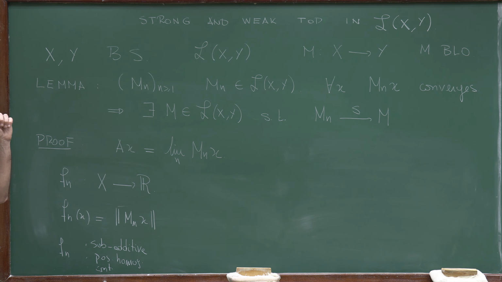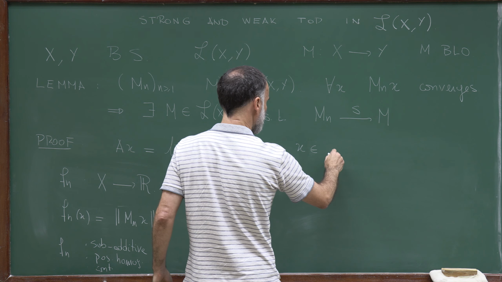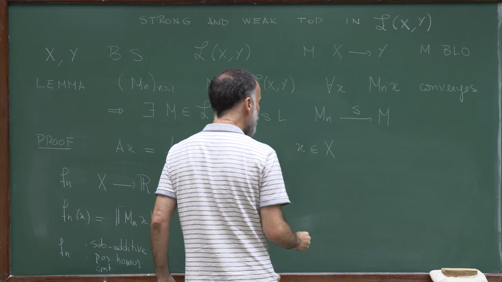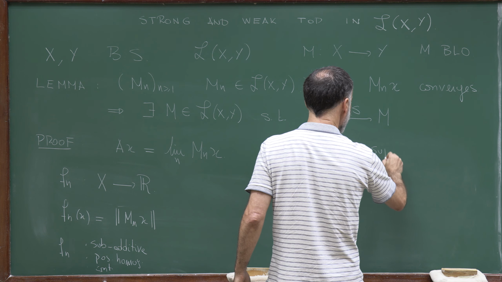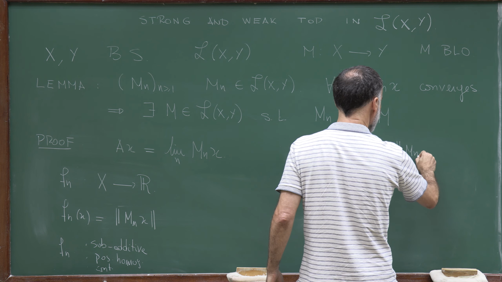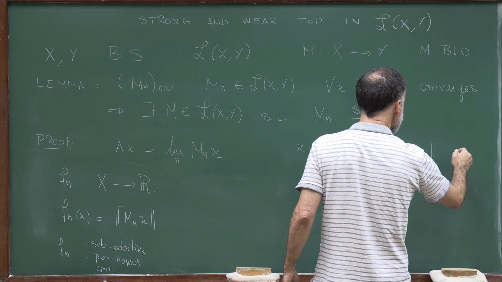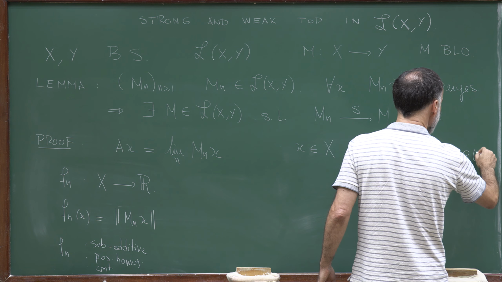Now, we fix x, and what I claim is that the supremum over n of the norm of mn x is bounded by a constant which depends on x.